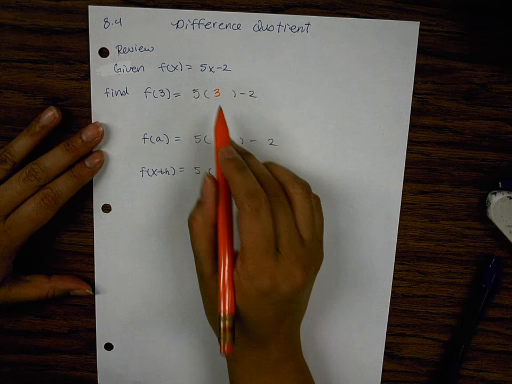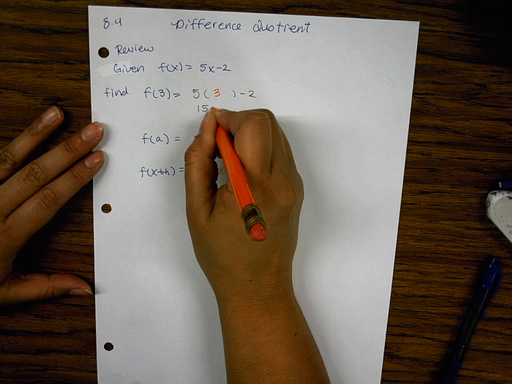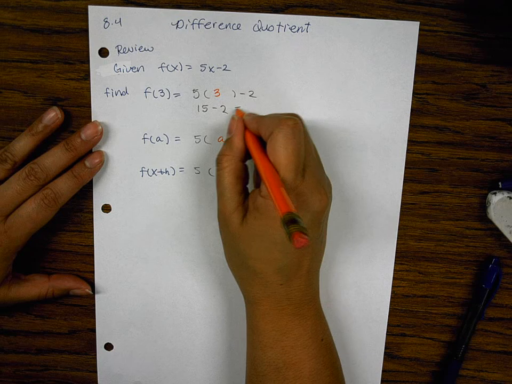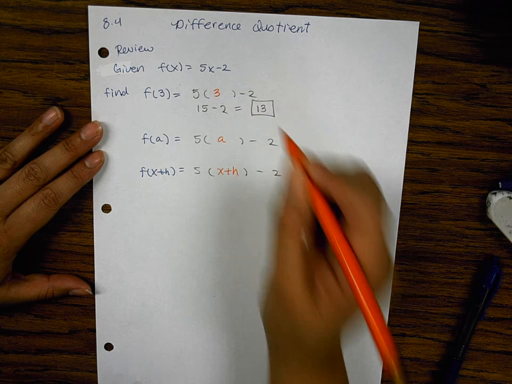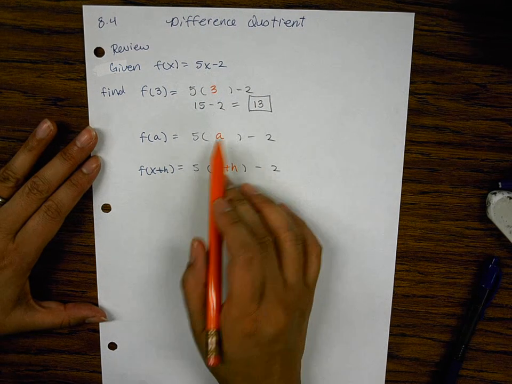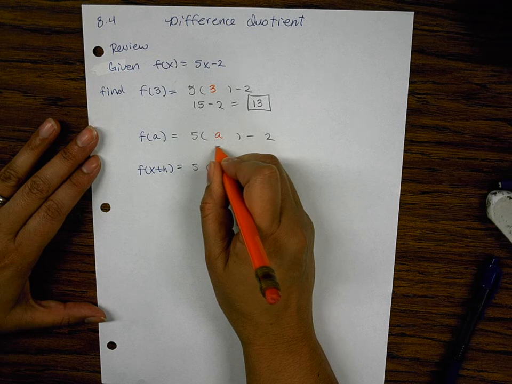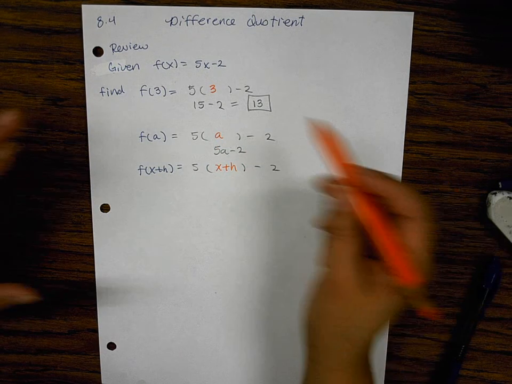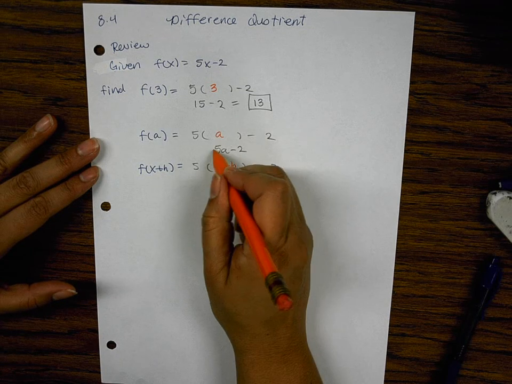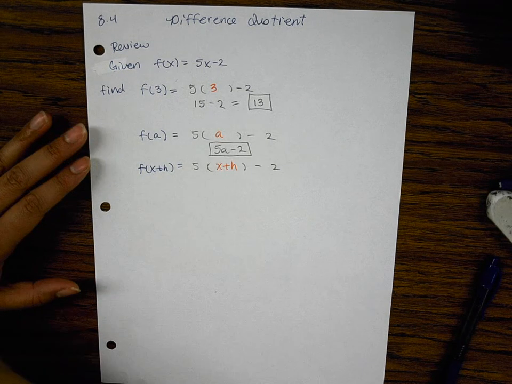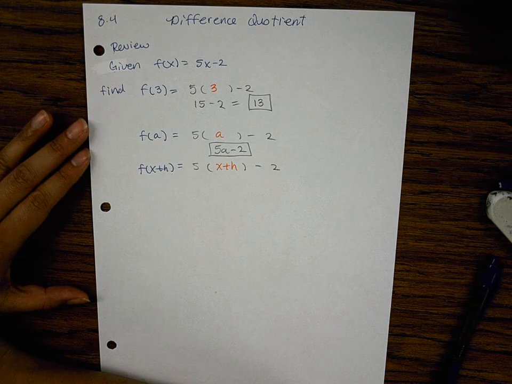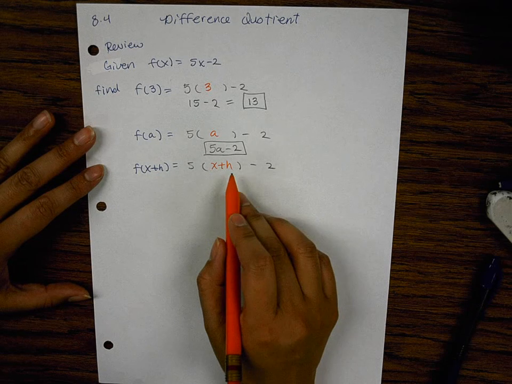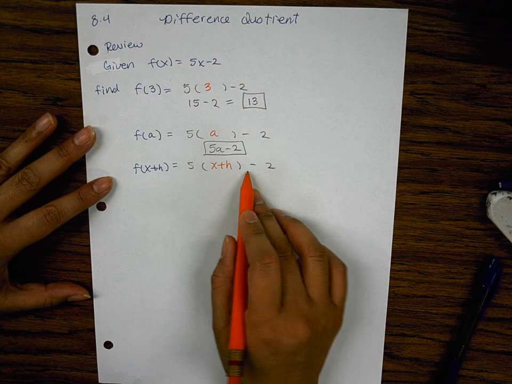And after you do that, it's just order of operation. I do 5 times 3 first, 15 take away 2 equals 13, and you are done with that problem. This one you do 5 times a first, so you have 5a minus 2. There are no like terms at that point, so 5a minus 2 is your final answer.